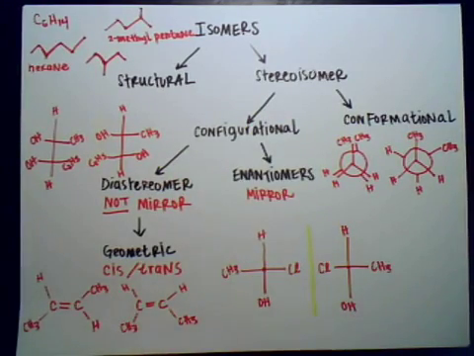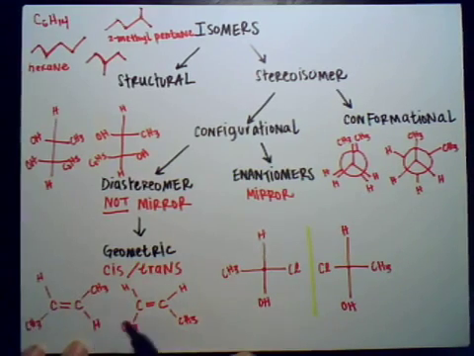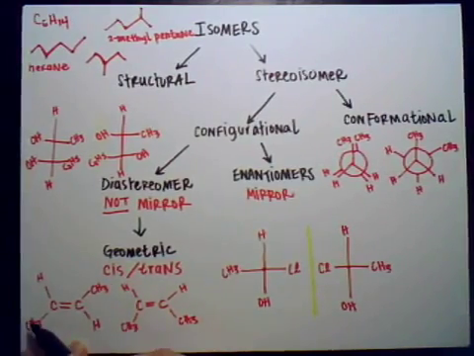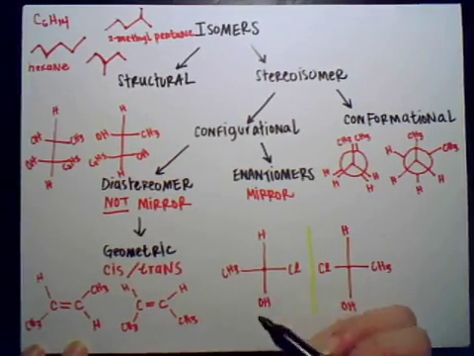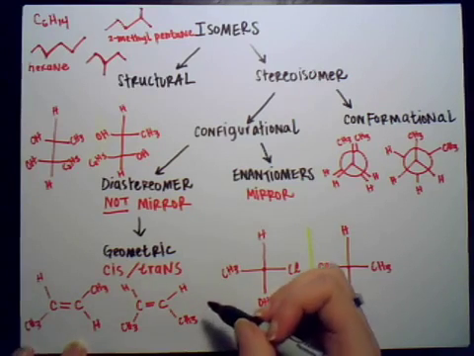Okay, so in this case, let's just count to make sure that we have the same molecular formula. 1, 2, 3, 4 carbons, 1, 2, 3, 4 carbons, and 1, 2, 3, 4, 5, 6, 7, 8 hydrogens. 1, 2, 3, 4, 5, 6, 7, 8 hydrogens. So this is 2-butene. They have the same molecular formula.